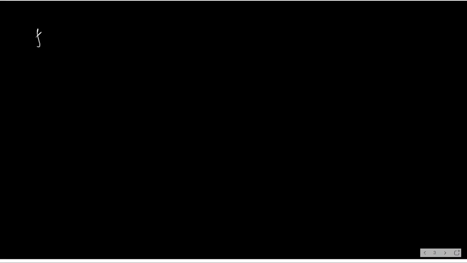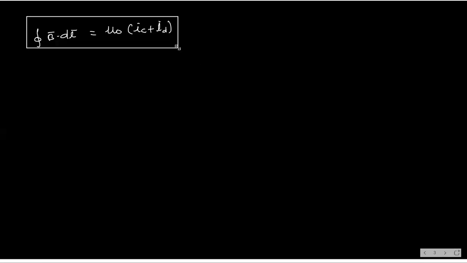So closed integral of B bar dot dl bar is equal to mu naught into IC plus ID is called Maxwell or Ampere Maxwell law. What is this? Ampere Maxwell law.